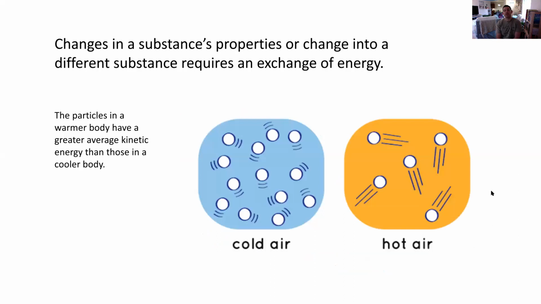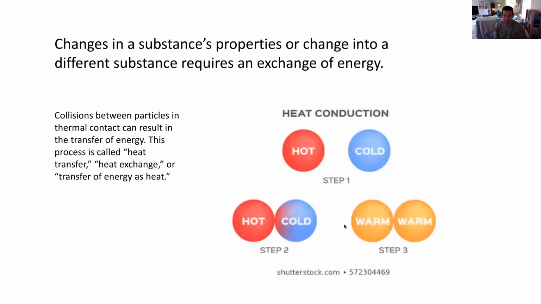Now, the particles in a warmer body have a greater average kinetic energy, and that just means their speed, right? So the hot air particles move much faster than the cold air particles. And since they move faster, they transfer more energy in every collision, whereas the cold air particles, they don't transfer a lot in those collisions. All right, now the collisions are important here. Collisions between particles in thermal contact can result in the transfer of energy.